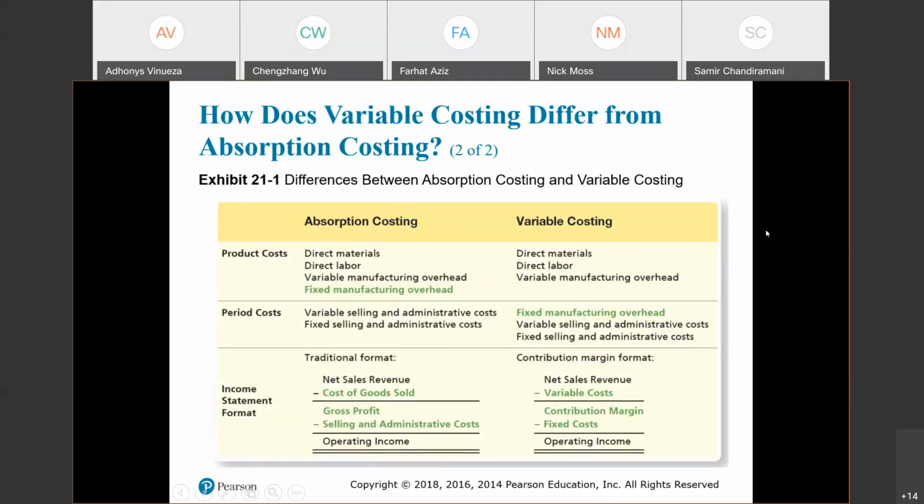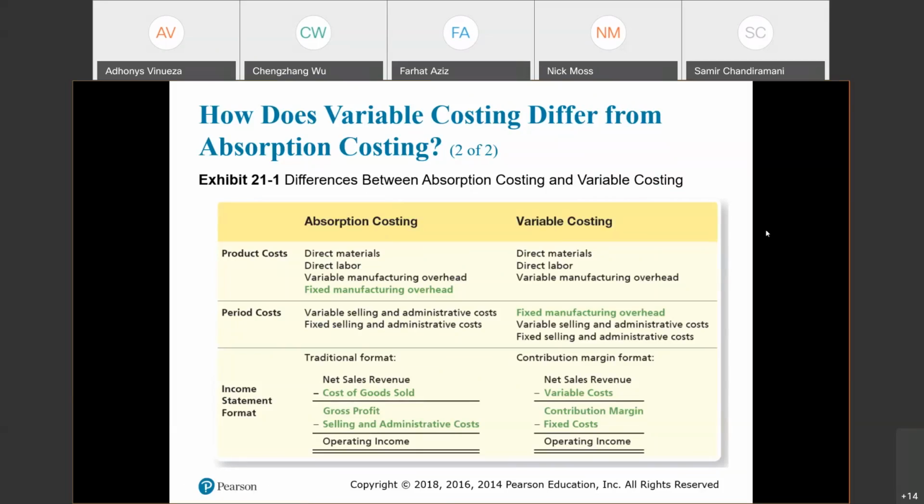So this slide summarizes the differences between absorption costing and variable costing. And as I said, for absorption costing, the cost of products absorbs all of the cost incurred, and it includes the fixed manufacturing cost.